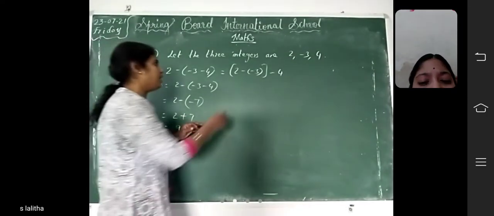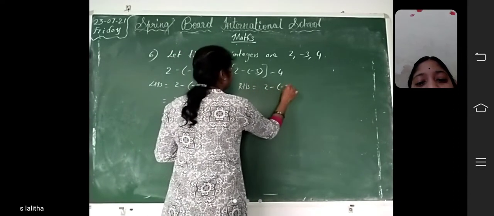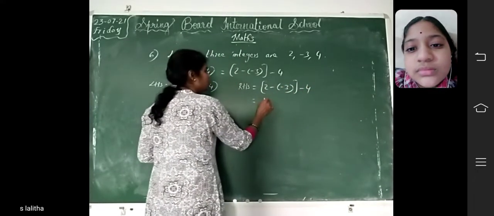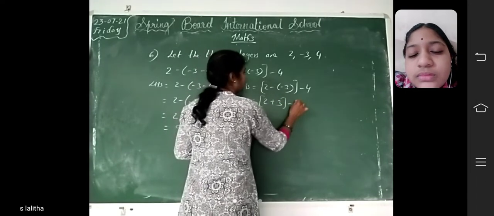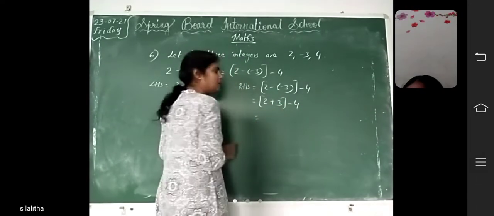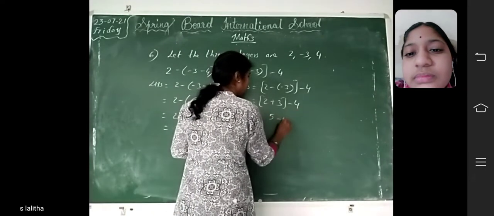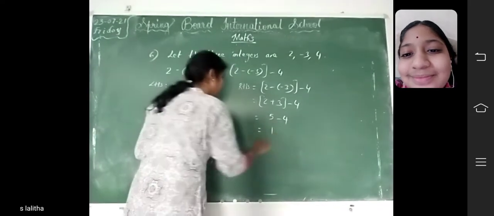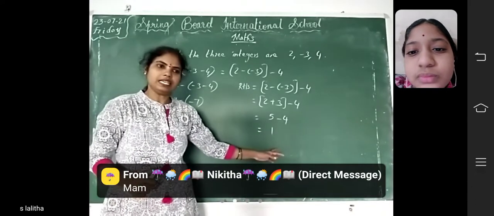Now the right hand side, RHS: (2 minus minus 3) minus 4. So 2 plus 3, how much? 5. Minus 4. 5 minus 4, how much? 1.